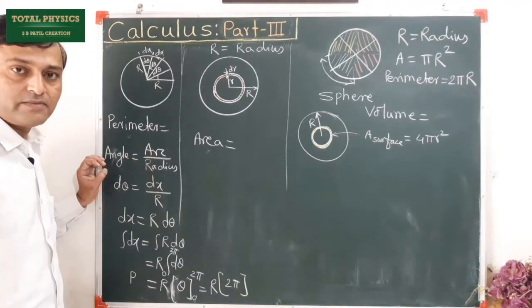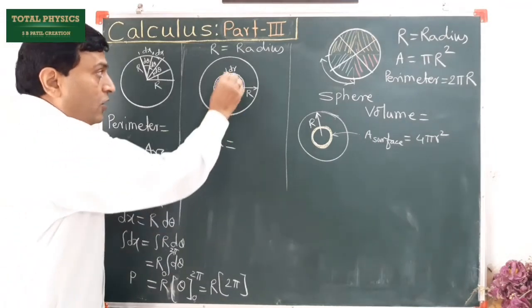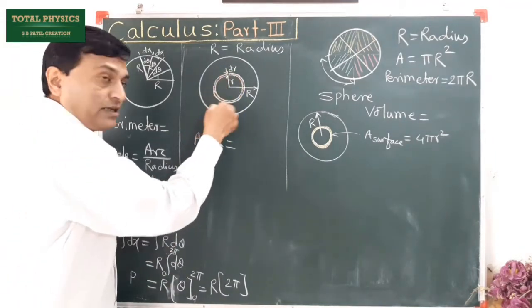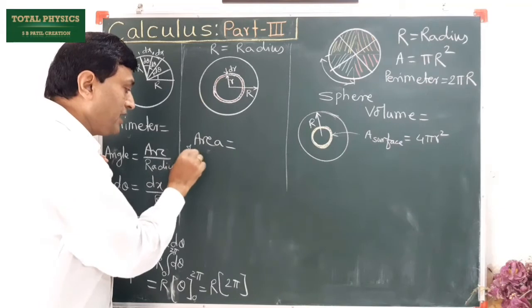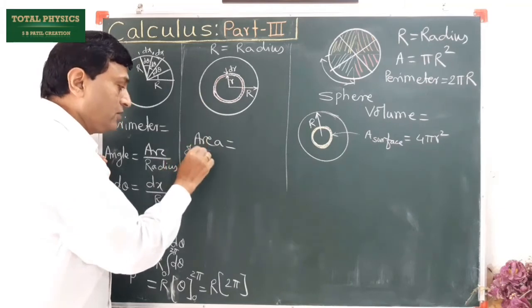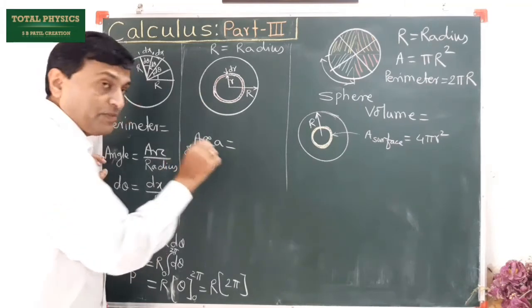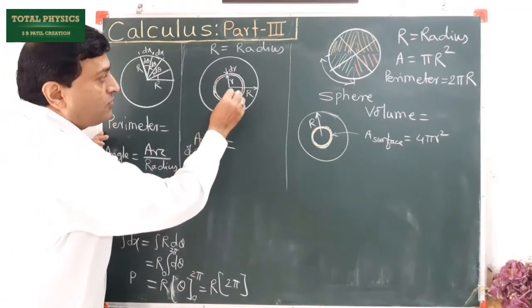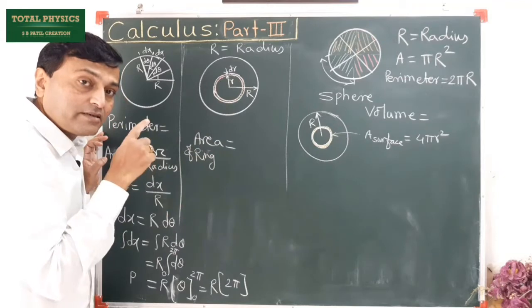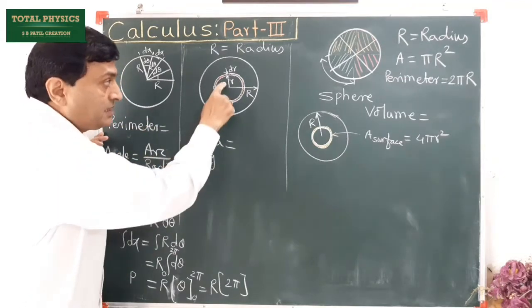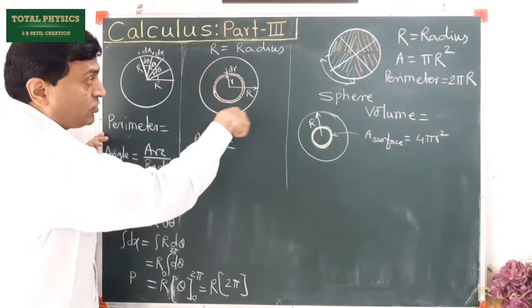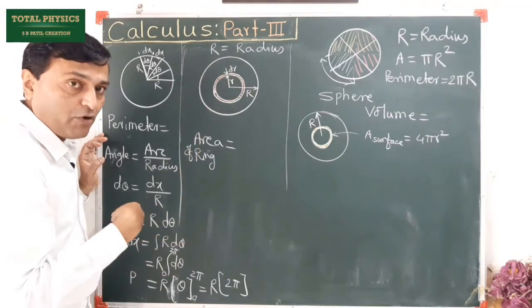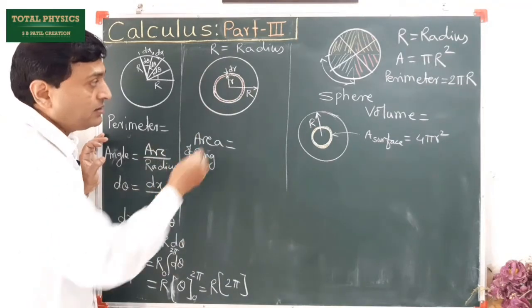How? We will see. Now the area of this small ring, this red color, area of ring, not perimeter. The radius of that ring is small r, and the radius of the circle whose area I want is capital R.